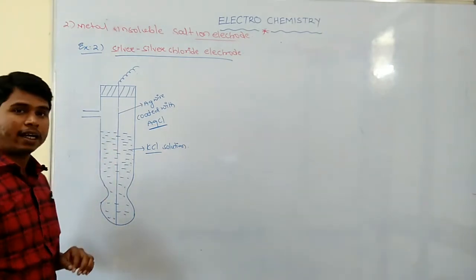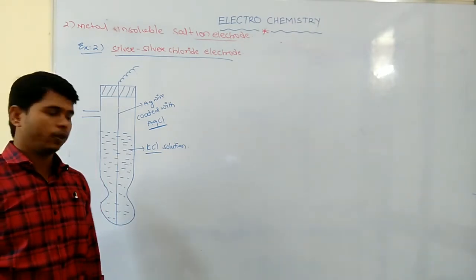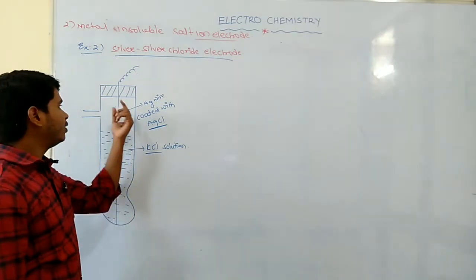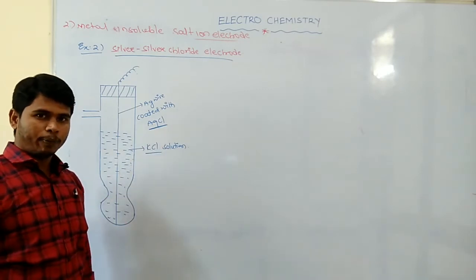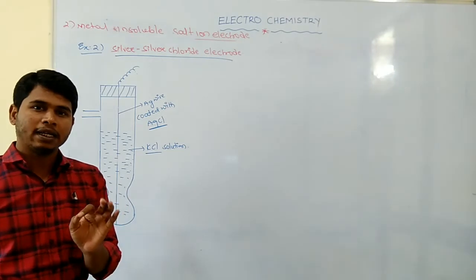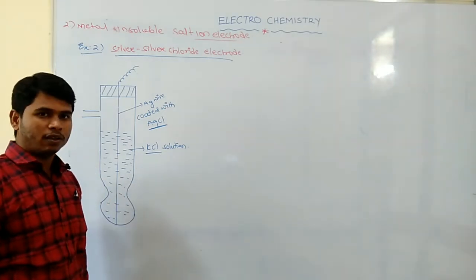Again, it is connected with another half cell via a salt bridge. A glass tube filled with the KCl solution is dipped with a silver wire coated with silver chloride paste. The silver chloride salt solution is a sparingly soluble salt solution. KCl is a soluble salt solution.